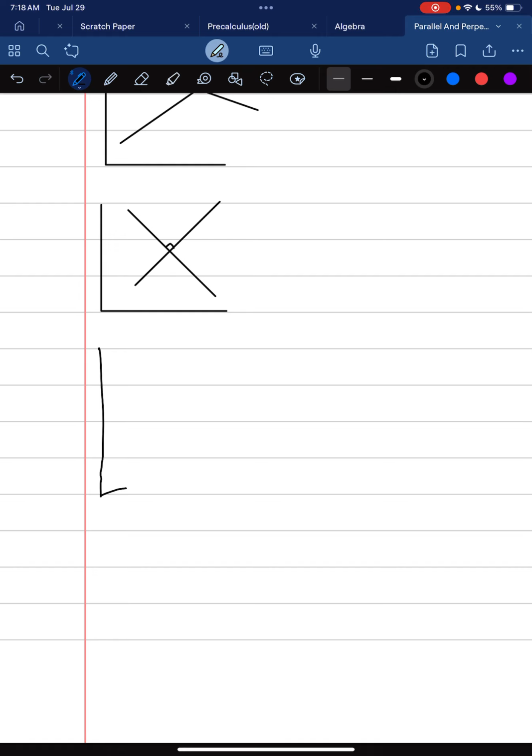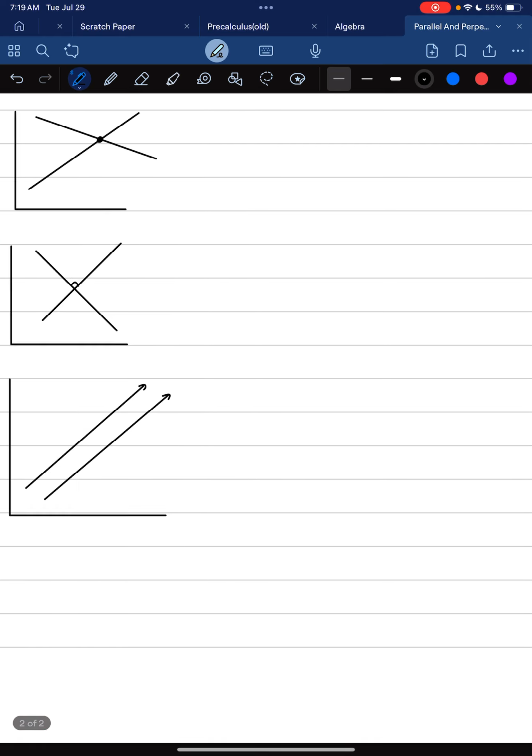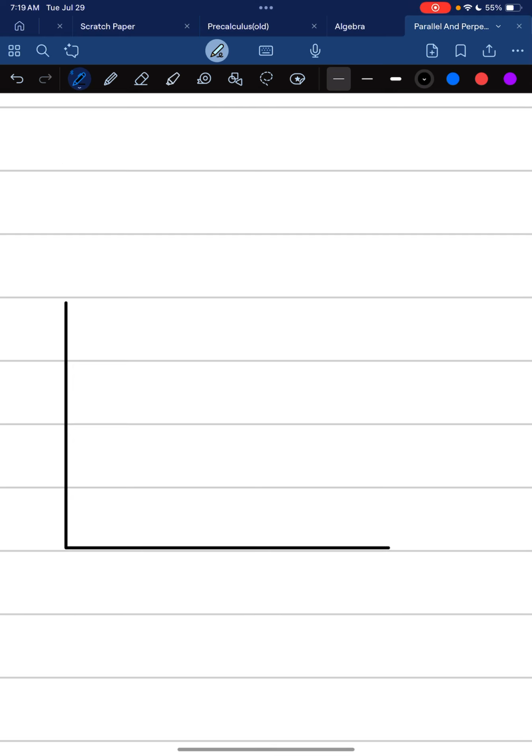You could also have two lines that never intersect, and they would look like this. They would have to be parallel lines for them to never intersect. They would keep on going forever, but because of the trajectory that they're on, they never intersect. That's no solutions. And lastly, you could have infinitely many solutions.